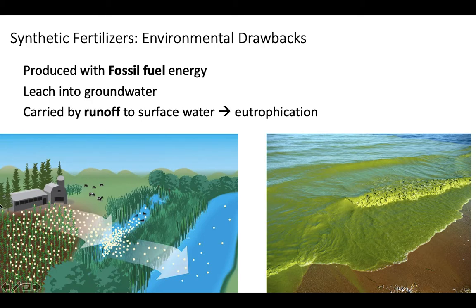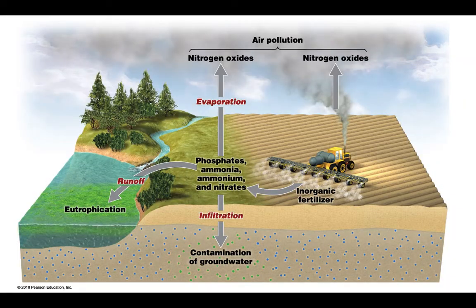And they can be carried by runoff if there's a lot of fertilizer on the farm and rain comes along, and it carries the fertilizer into nearby bodies of water. It can lead to algal blooms, a process known as eutrophication, and those algae basically suck out all of the oxygen in the aquatic ecosystem. We'll learn more about that later this year.